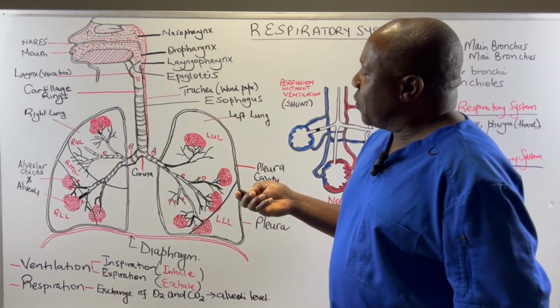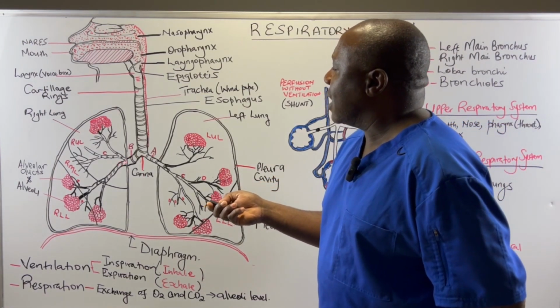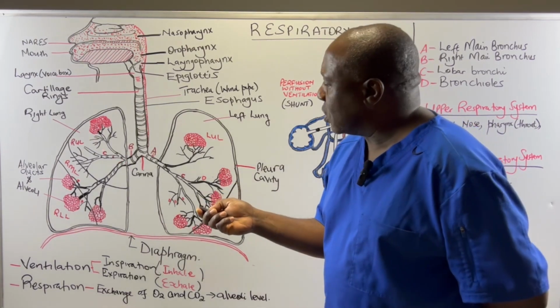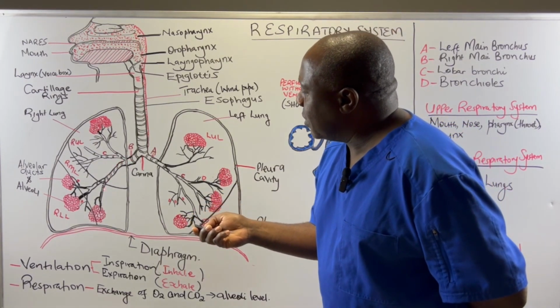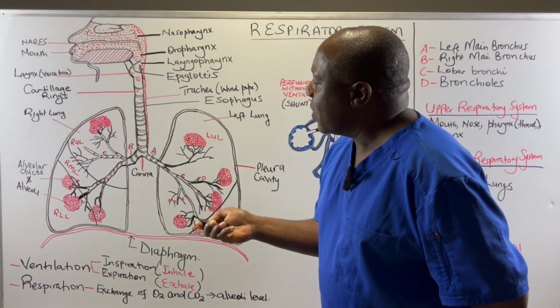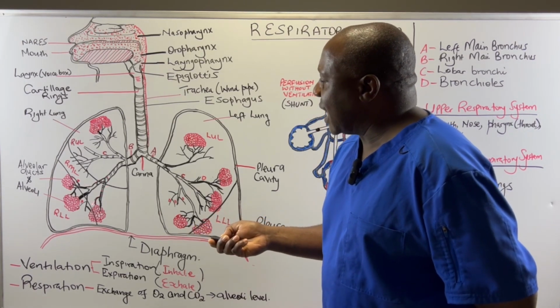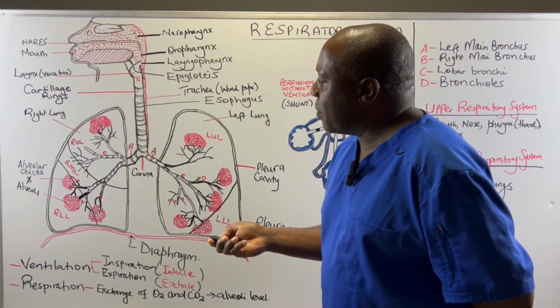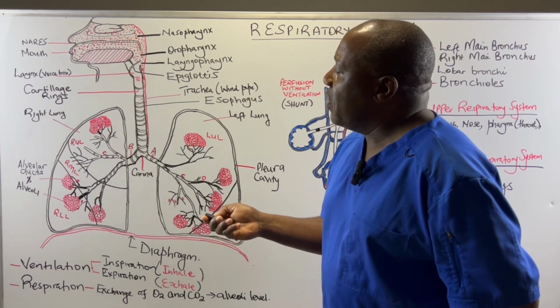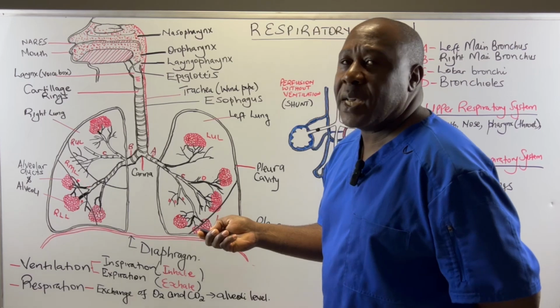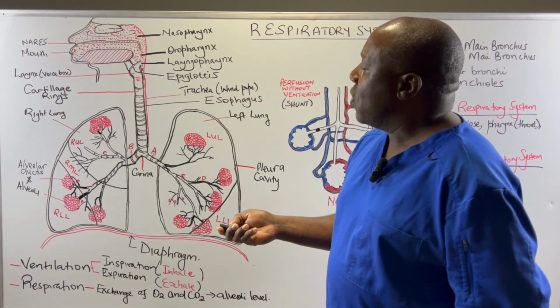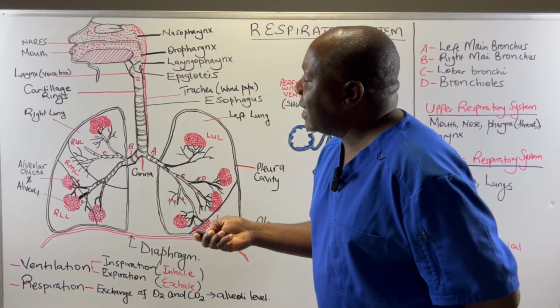Then, from the lobar bronchi, we go to the bronchioles. The lobar bronchi divide into the bronchioles, then from the bronchioles we have the terminal bronchioles, and from the terminal bronchioles, we have the respiratory bronchioles, which end up dividing into the alveolar ducts.